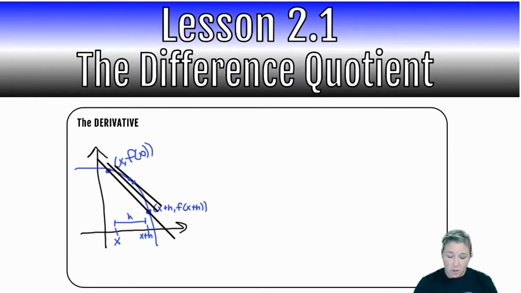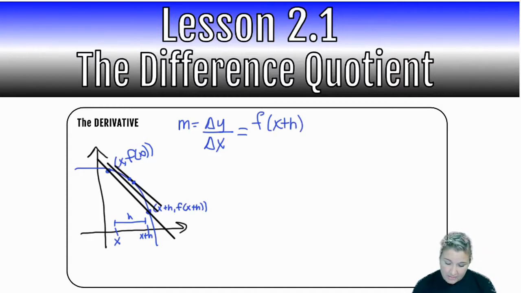Remember that the slope formula, which we call m, is the change in y divided by the change in x. If we have two points on our function, and we've already named them, we can find the slope. The change in y is f of x plus h minus f of x, divided by the x value that goes with f of x plus h, which is x plus h, minus the x value that goes with f of x.